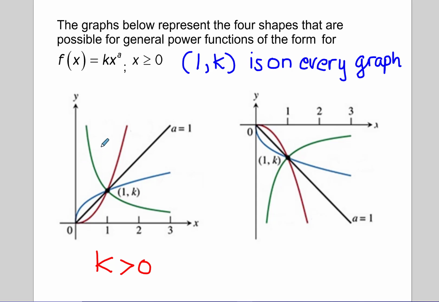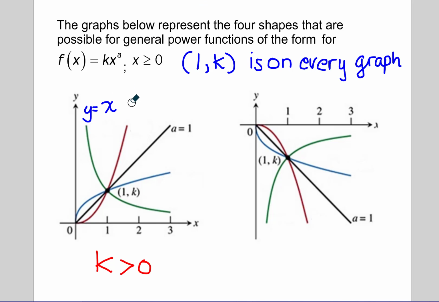For example, on the green graph, if my k value was positive 1 and my graph was x to the 3/2 power. I'm sorry, that's the red one. Back that up.